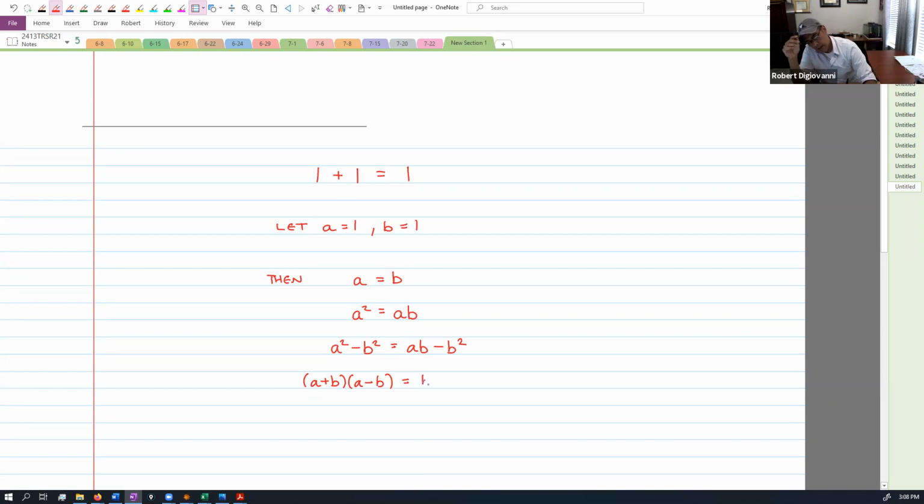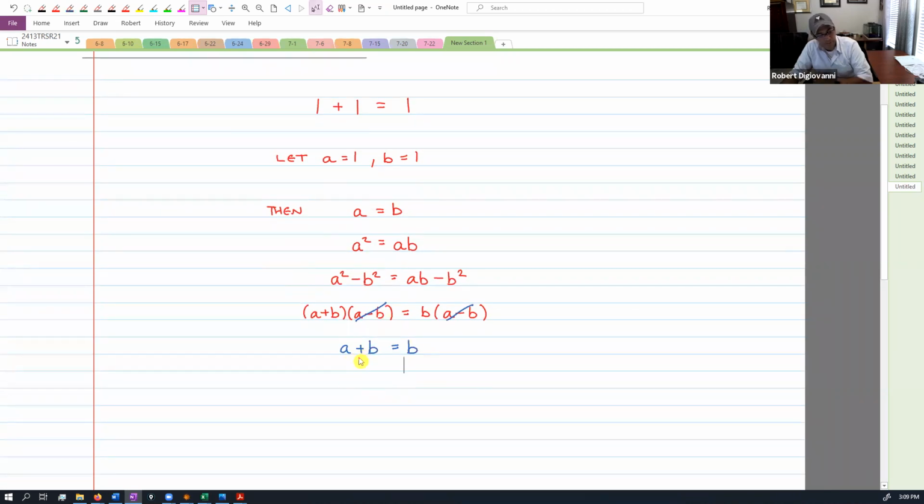On the right side, I can factor out a B. Now they both have an A minus B, so I can cancel out A minus B and get A plus B on the left equals B.